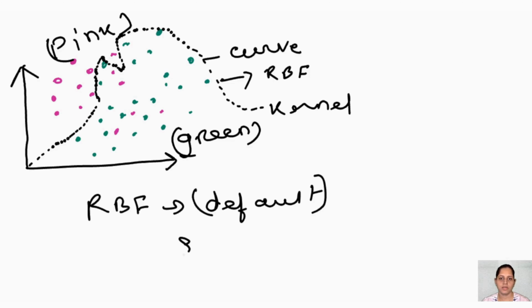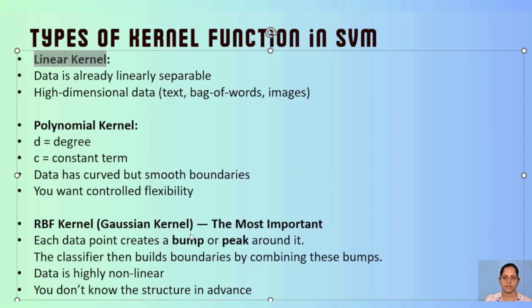Okay, now we will go back to our PPT. The same thing I'm saying here. You can see from that image, right, it has created bumps around it, and it's going to connect the dots. In that example, we saw that the data is very messy.